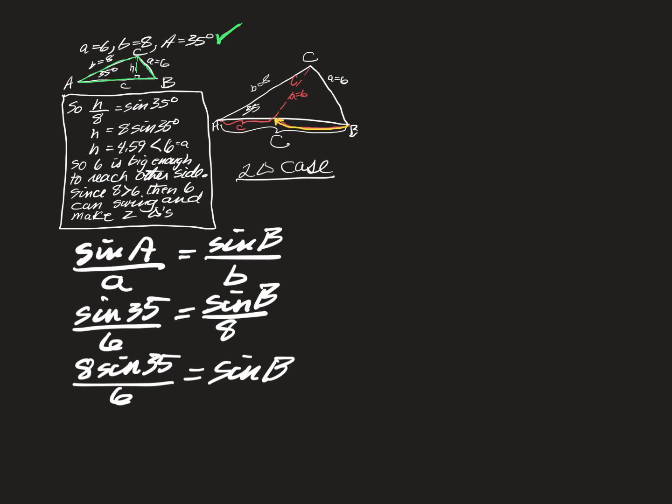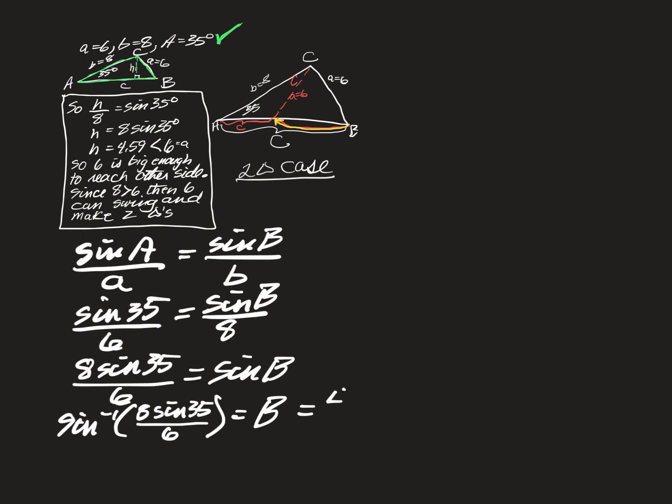That means the inverse sine of 8 times sine of 35 divided by 6, close parenthesis, equals angle B. So that is going to equal, and I'm going to calculate that on my calculator, so I press inverse sine, and then I go 8 sine 35, close parenthesis, divide by 6, close parenthesis, enter.